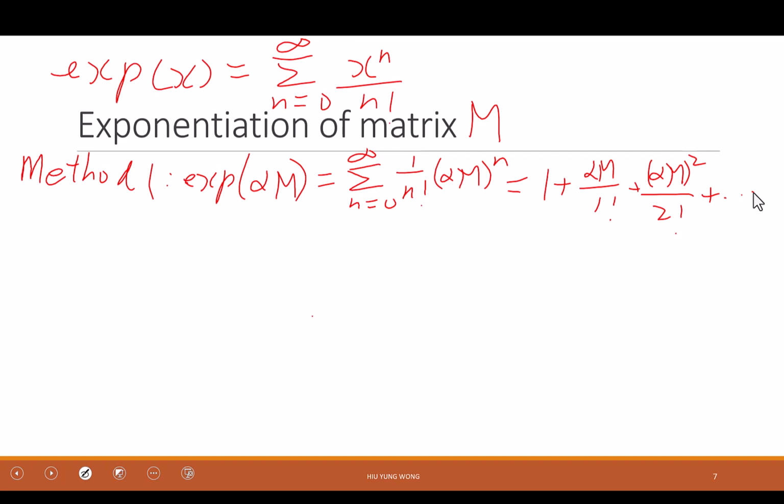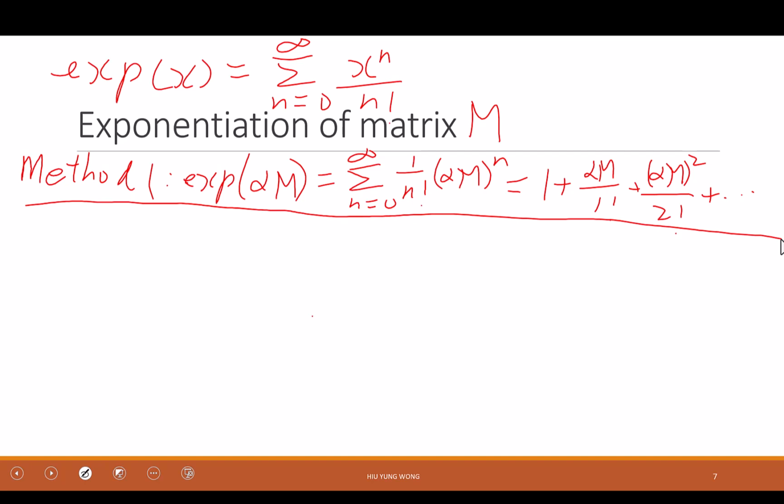Of course, if it converges, you can just do maybe 100 terms or 10 terms. That will be good enough. But this is the fundamental definition. Same for log. If someone asks you to find the log of a matrix, right? In my book, I did talk a little bit about the entanglement entropy, in which you use the log. You also need to use this method.